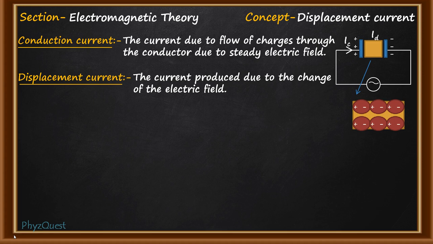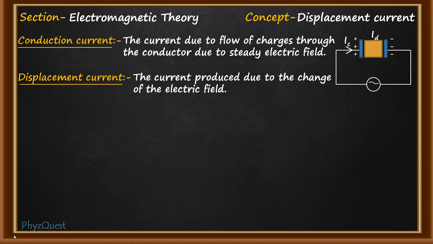This creates an additional displacement, and due to this, the displacement current increases. This depends upon the type of material used between the plates of the capacitor, that is, what the medium is. The type of medium placed will affect the displacement current.